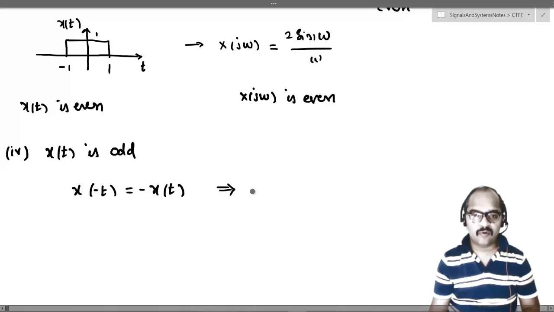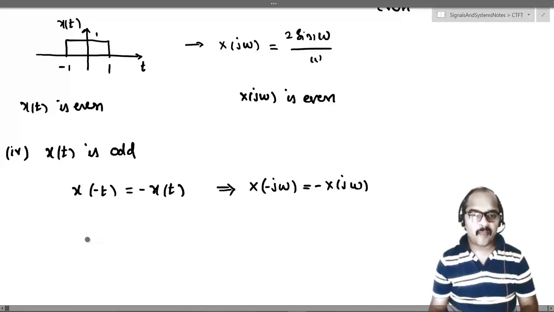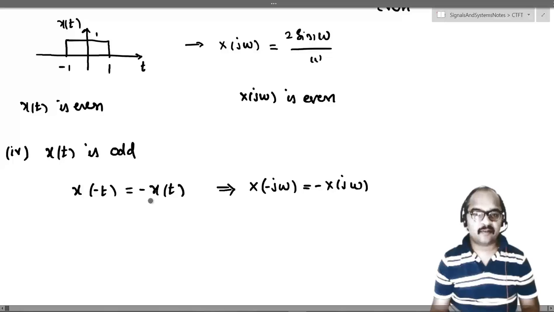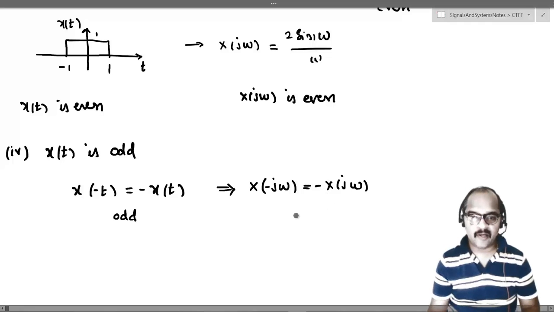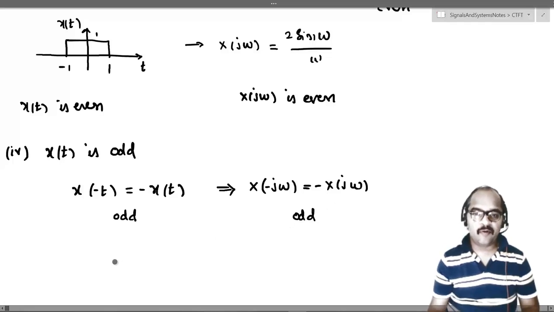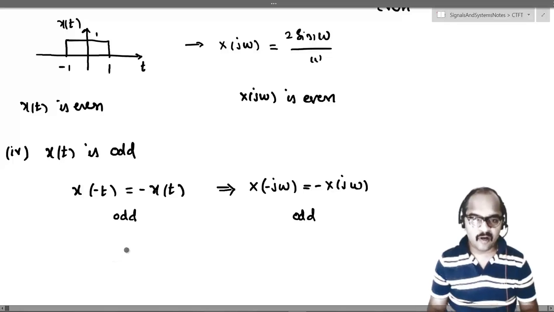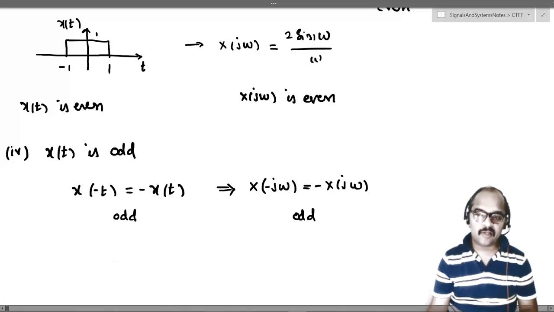Now if you go into frequency domain and use the time reversal property, x of minus t will have x of minus j omega, which is equal to minus x of j omega. So x of minus t equal to minus x of t means the signal is odd. X of minus j omega equal to minus x of j omega means the Fourier transform is also odd. So if the signal is odd, then the Fourier transform is also odd.